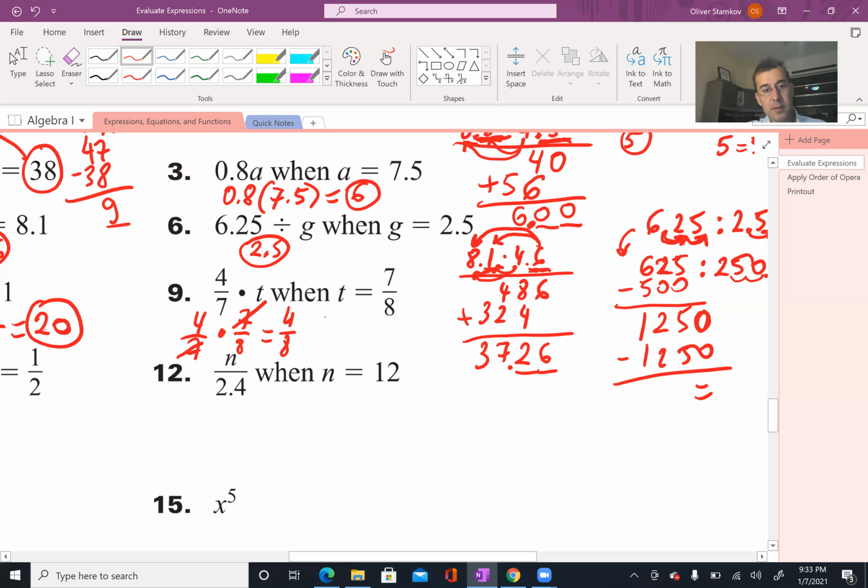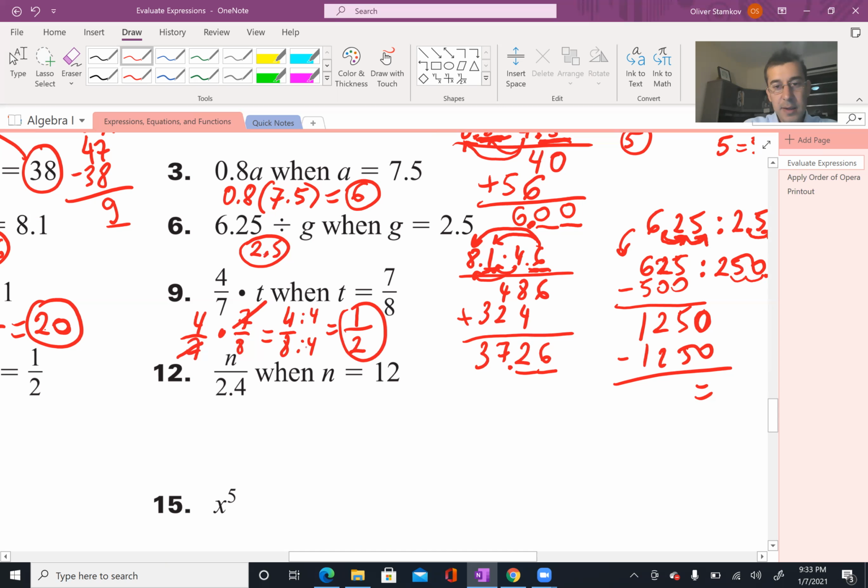You can divide top and bottom by 4 and you get 1/2. 4 divided by 4 is 1, 8 divided by 4 is 2. So 1/2 is the solution for number 9.